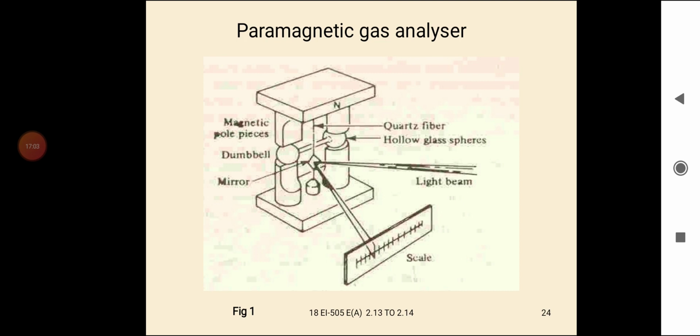This displacement causes the image to be focused onto the scale. The image of the scale is taken as a reading, and the scale reading is directly calibrated in terms of the partial pressure of the oxygen measured.